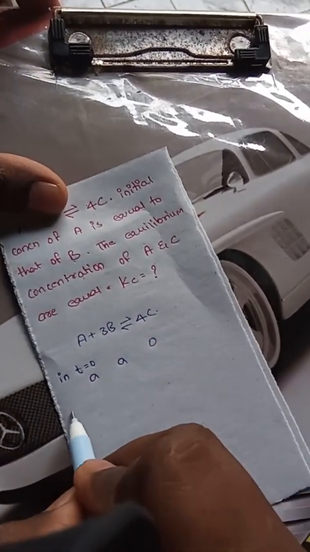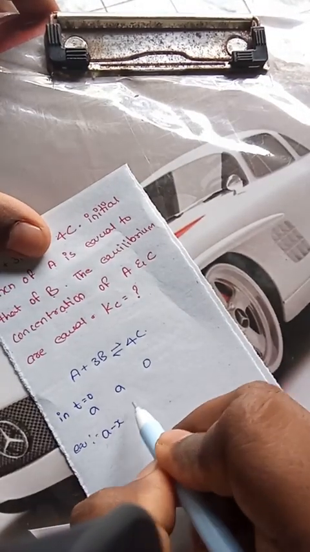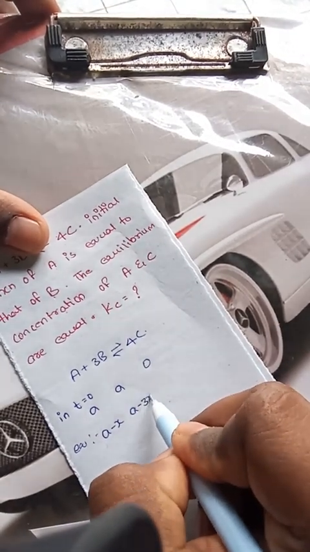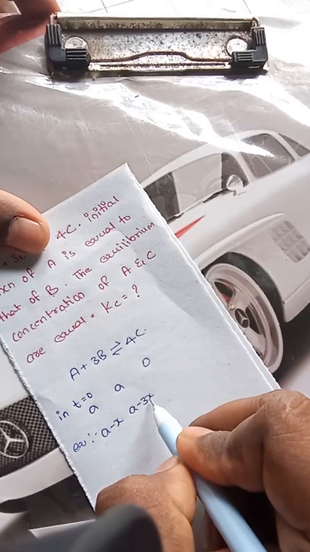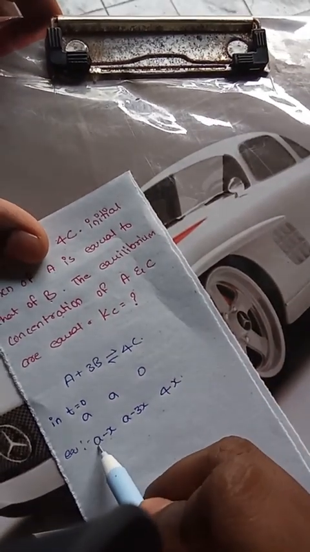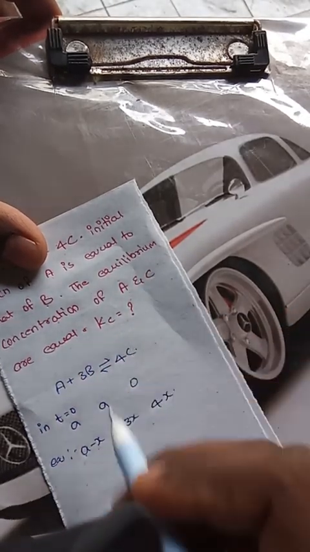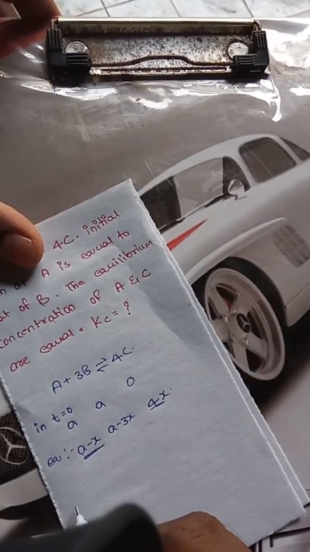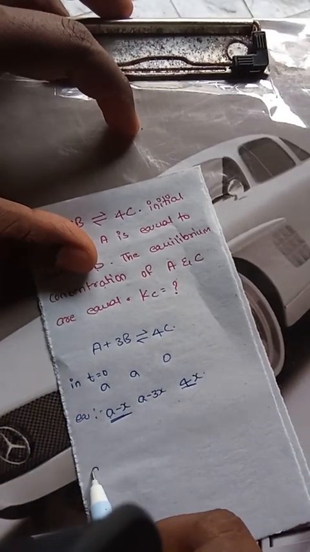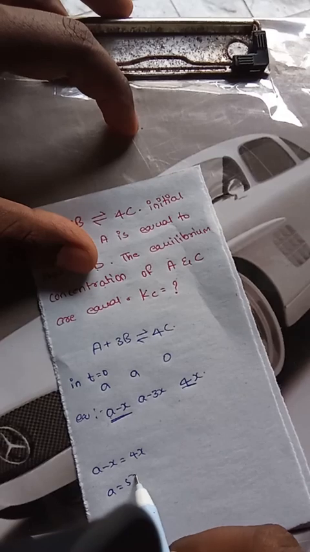And at equilibrium, A minus x, A minus 3x, and here 4x is formed. Given that at equilibrium the concentrations of A and C are equal, this and this are equal. So I'm going to write A minus x equal to 4x. So the A value will be 5x.